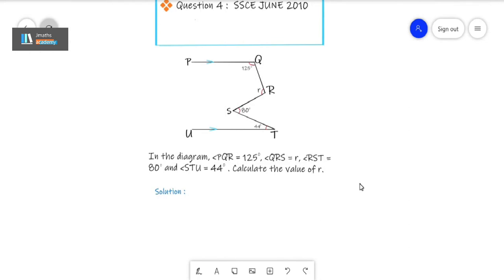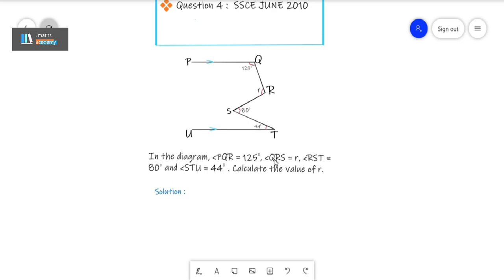So our question says, in the diagram, angle PQR is equal to 125 degrees.